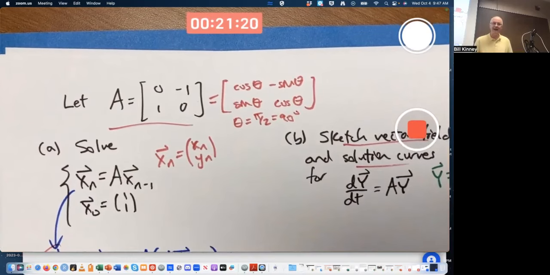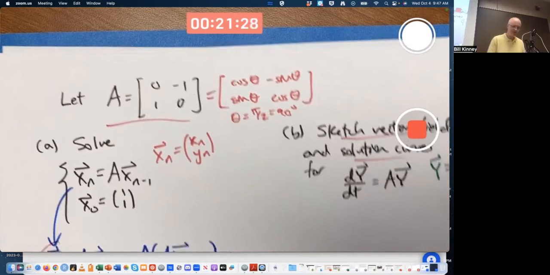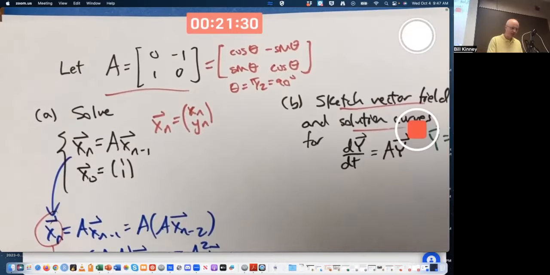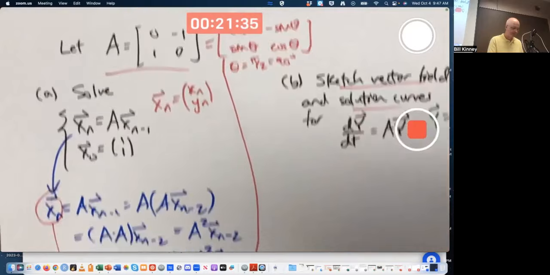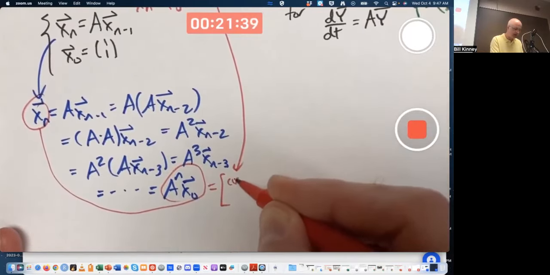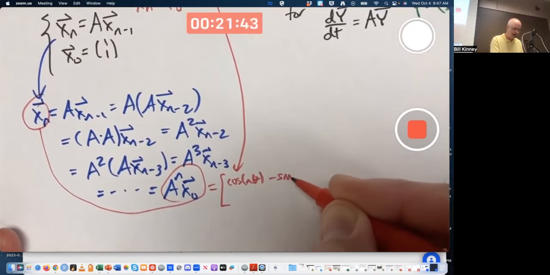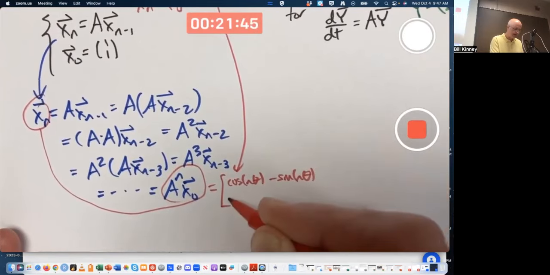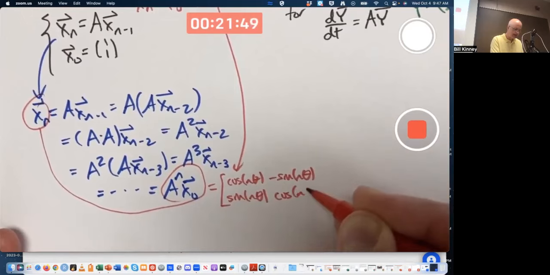And in the lecture, using some trigonometric identities, I don't fully prove it, but effectively we see that in this case, when you've got this rotation matrix, it turns out that A to the nth power is cos of n theta, negative sine of n theta, sine n theta, cos n theta.